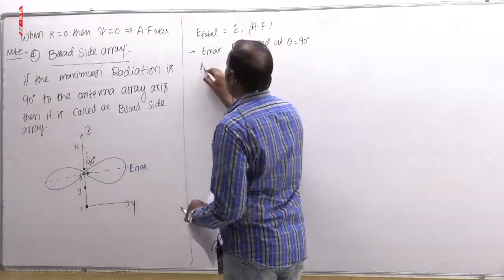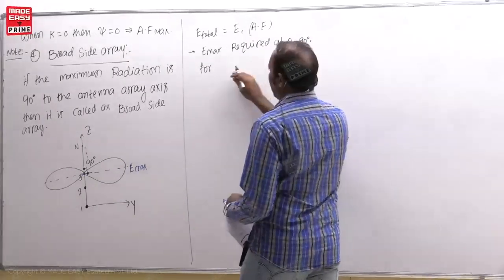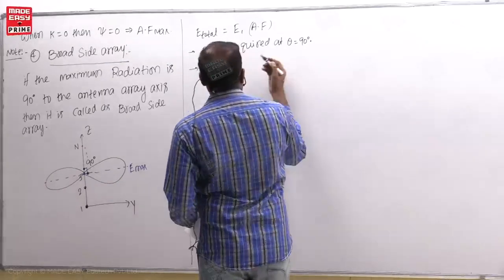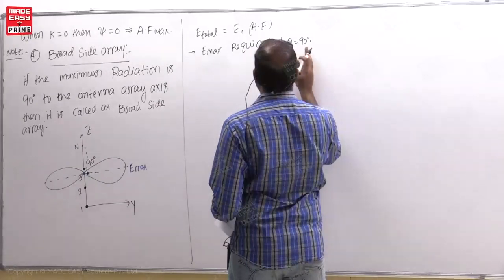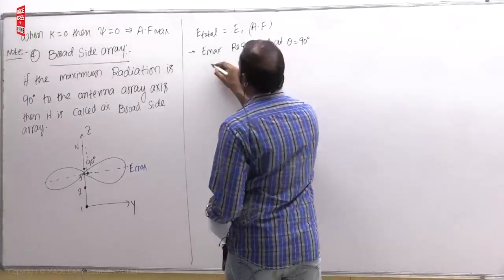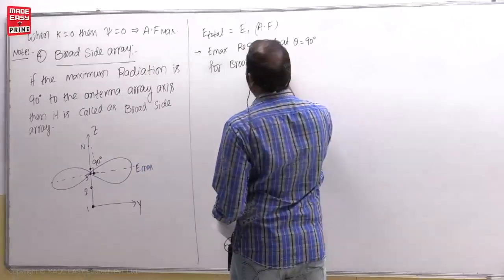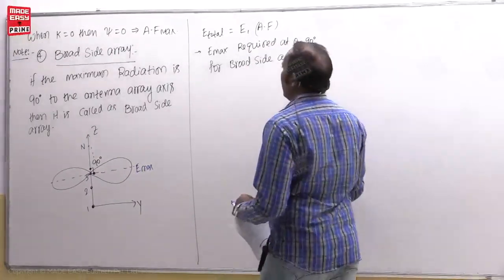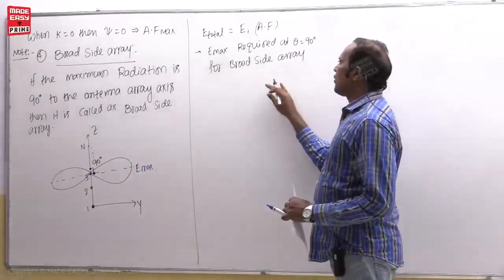That is one point. Actually, electric field maximum is required at 90 degrees for broadside array.